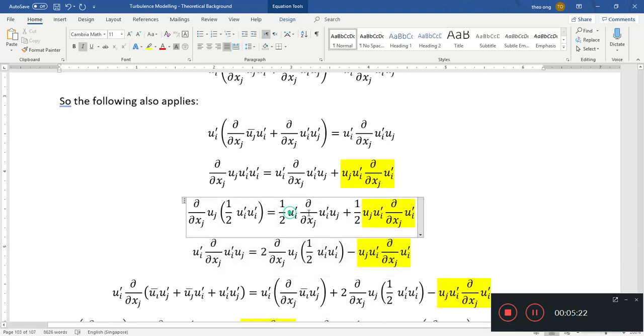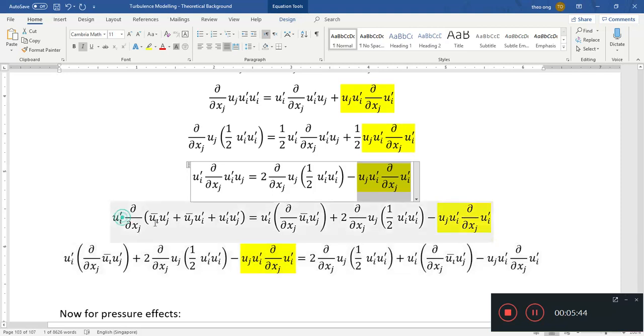So since this is the term I want to substitute, I will have ui prime del by del xj, ui prime uj, that will equal to 2 times del by del xj of uj times this kinetic energy term, alright, and this extra term pops out.